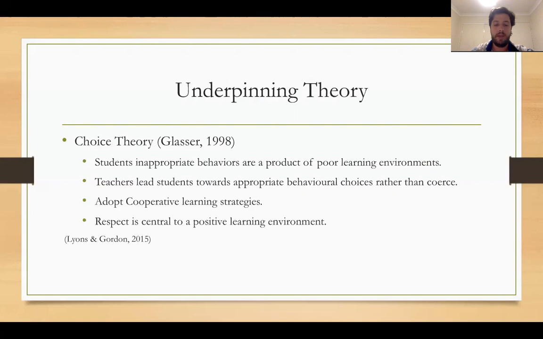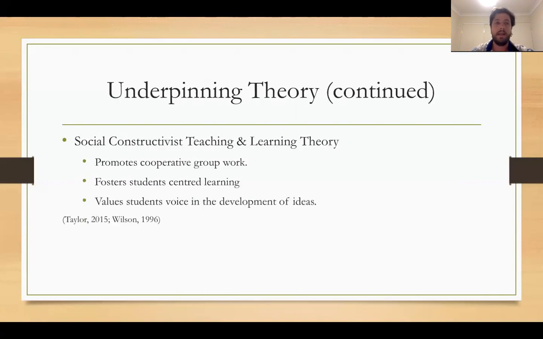Additionally, choice theory emphasises the role of respect in creating a positive learning environment, as well as advocating the use of cooperative learning strategies. A second key theory that underpins my lesson plan is social constructivist teaching and learning theory. Similar to choice theory, social constructivism advocates the use of cooperative group work that promotes student-centered learning and subsequently students' voice in the development of a positive learning environment.